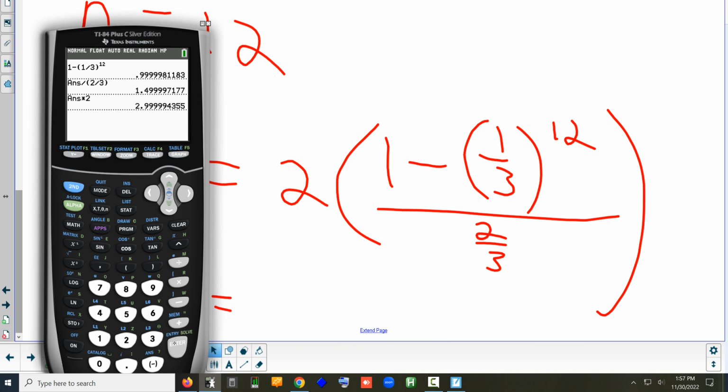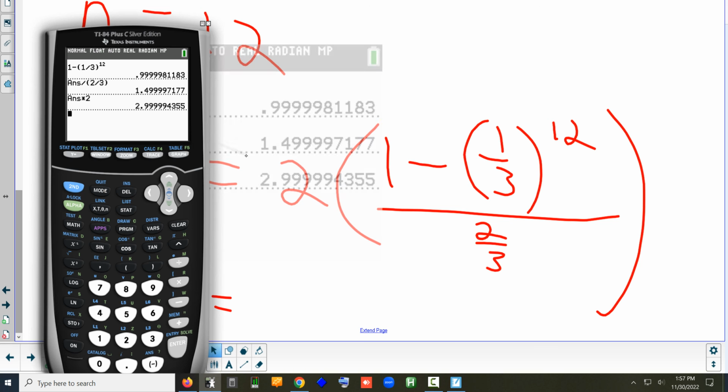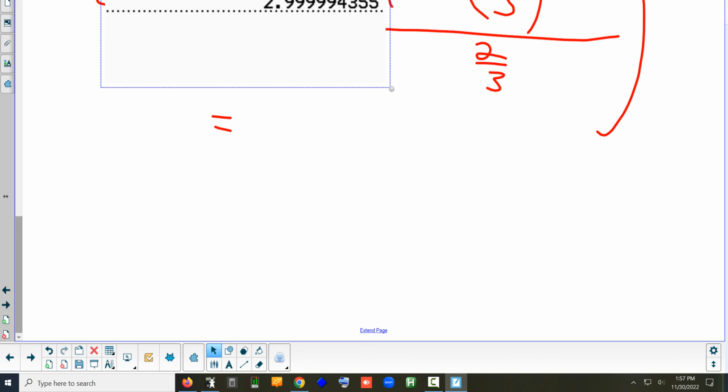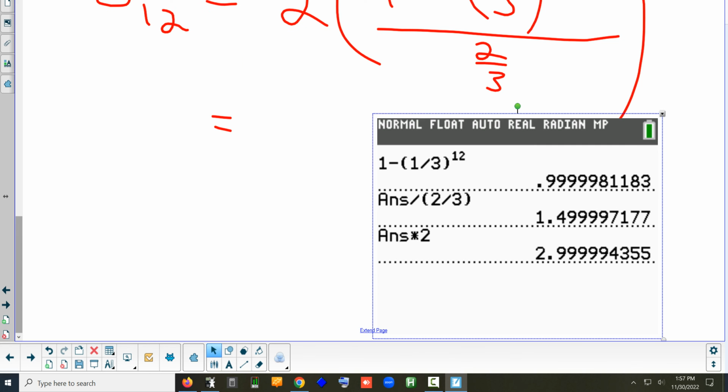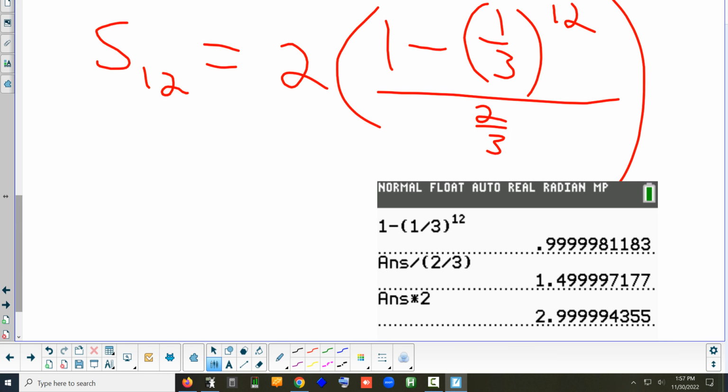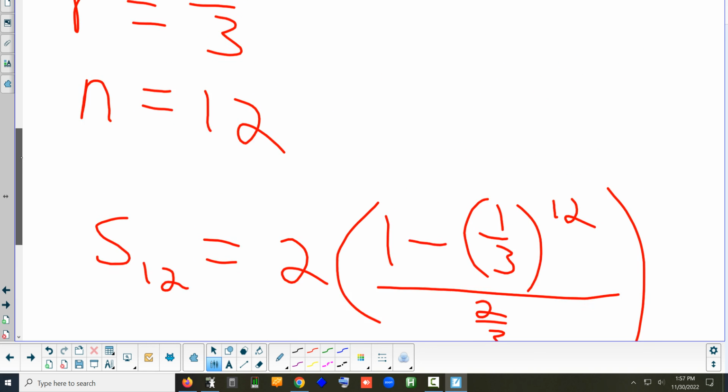Well, what are we getting pretty close to? My answer is pretty close to what? 3. It's very, very close to 3. So I'm even going to put here that the answer is about 3.